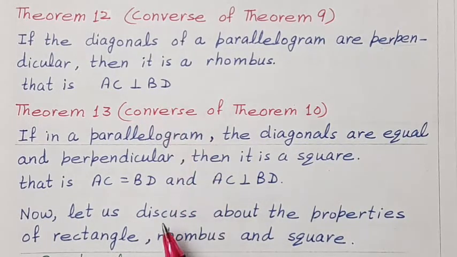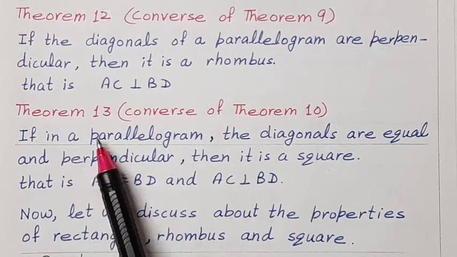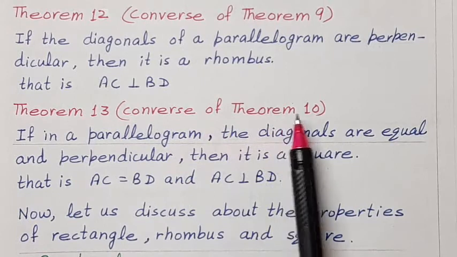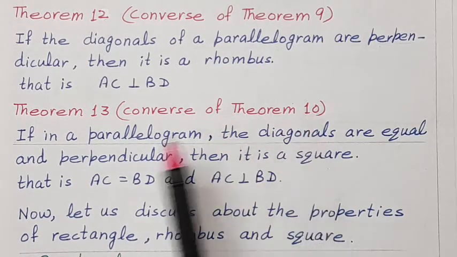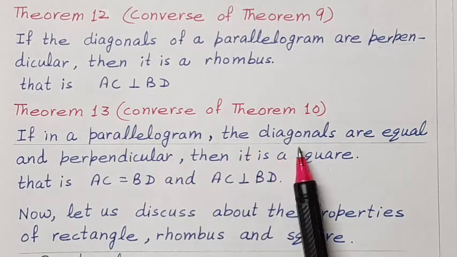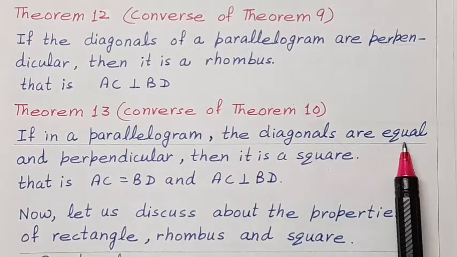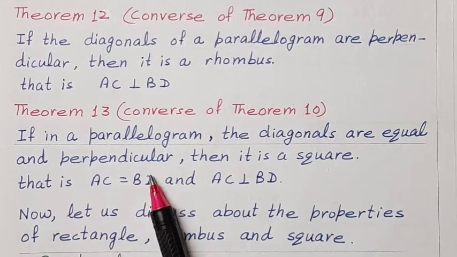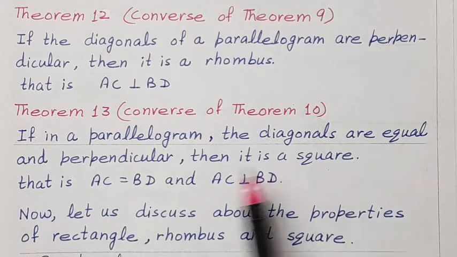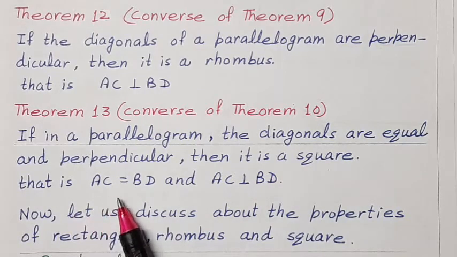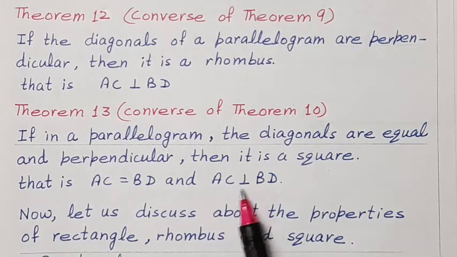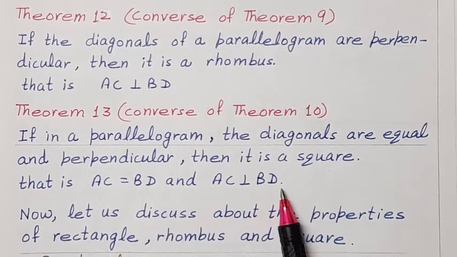And now the last theorem is theorem number 13, which is actually the converse of theorem number 10. If in a parallelogram the diagonals are equal and perpendicular, then it is a square. That is, AC is equal to BD and AC is perpendicular to BD.